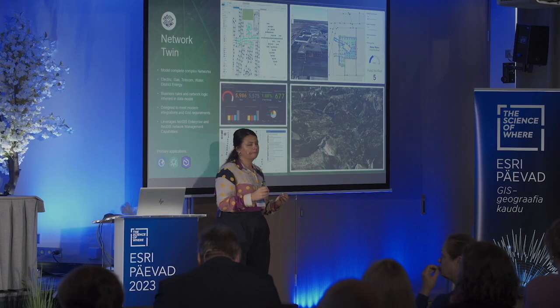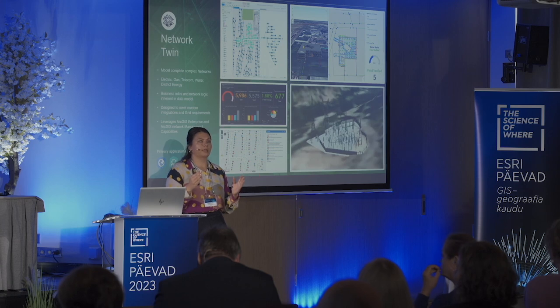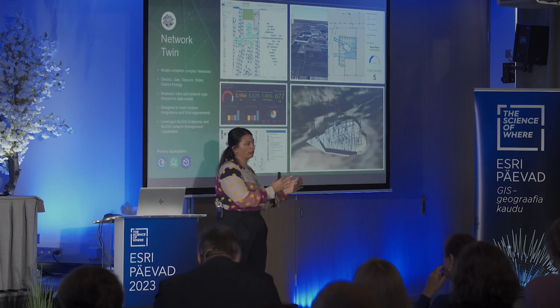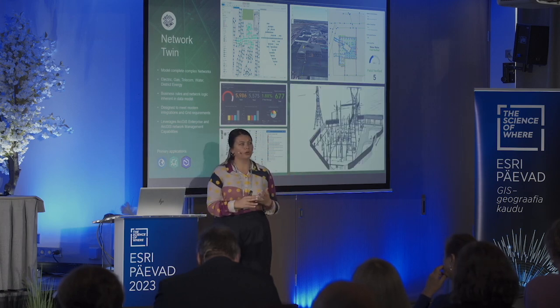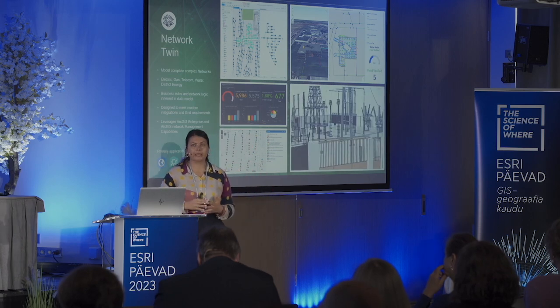So you can start modeling a very advanced representation of your network. And you can model it for all different domains: electric, water, district energy, district heating, telecoms, any kind of system that helps you operate your linear infrastructure. You can model them using the network twin.